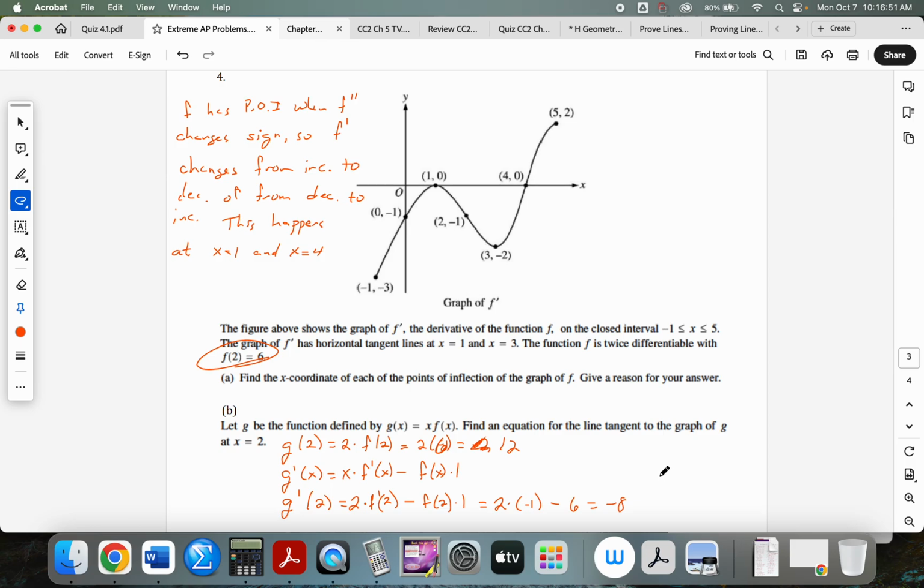So that's negative 8. So y is going to be equal to 12 minus 8 times x minus 2. So I apologize. We did end up using the f of 2 as 6 for this.